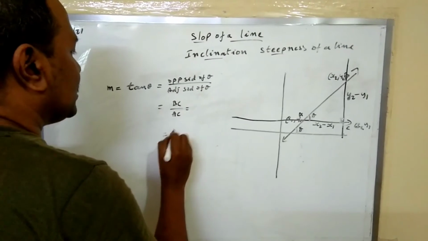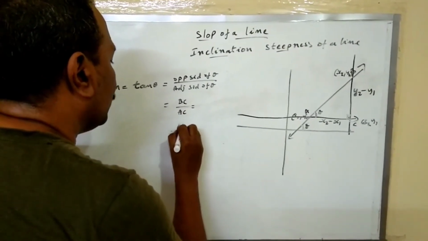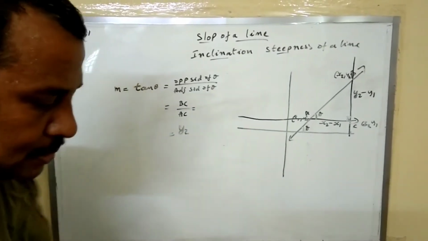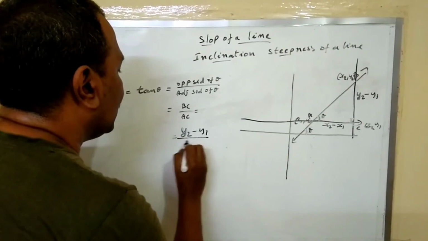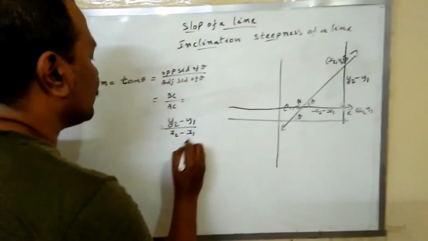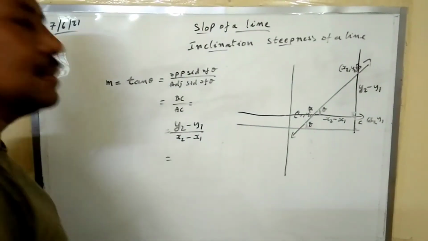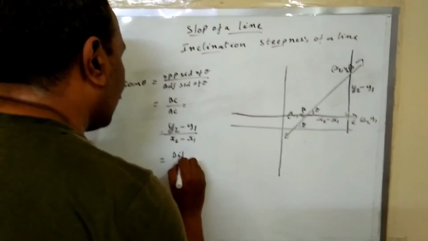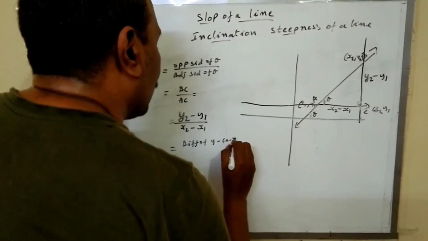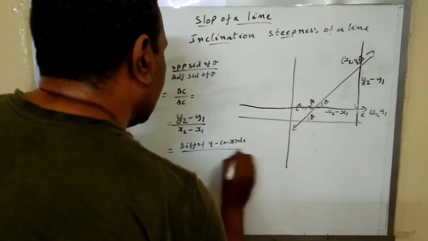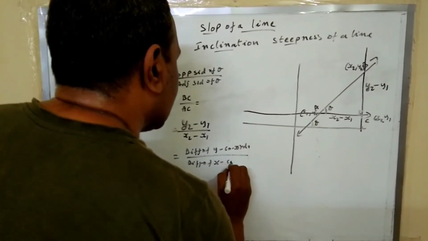So you can write it as BC by AC is equal to y2 minus y1 by x2 minus x1. That gives the difference of y coordinates by the difference of x coordinates.